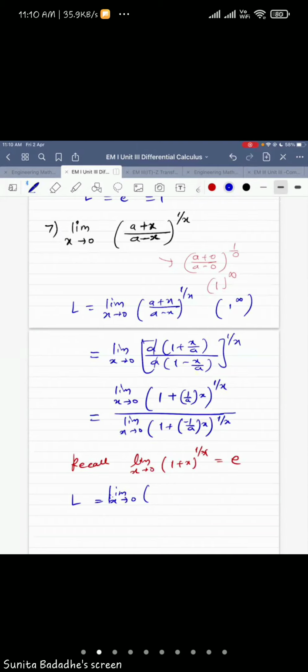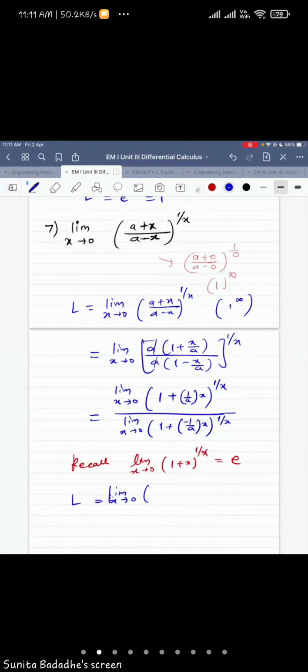I'll have to scroll down the screen for it. Please check your notes and tell me whether I have given you the formula for 1 plus a x raised to 1 by x. I might have given, but right now I'll have to scroll the screen again. So you please check in your notebook and tell me whether I have provided you that formula. Okay.